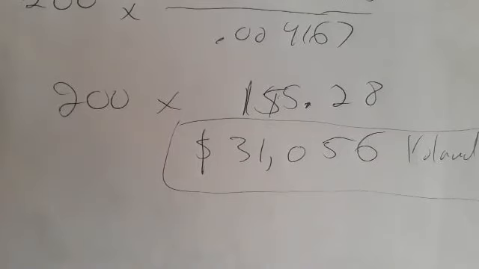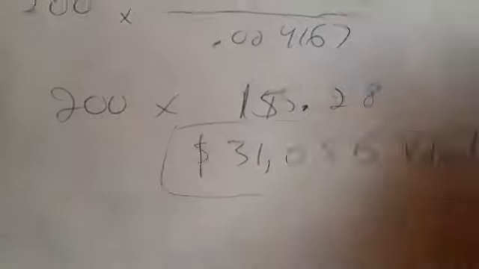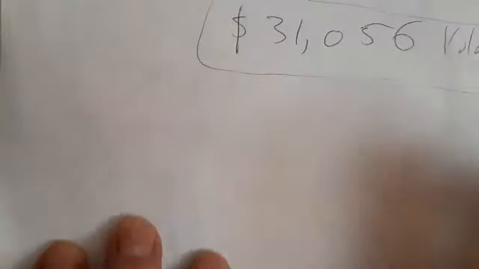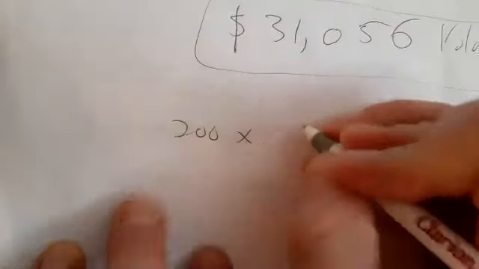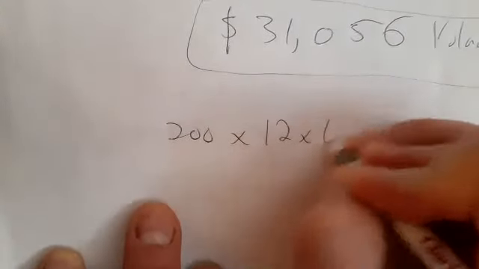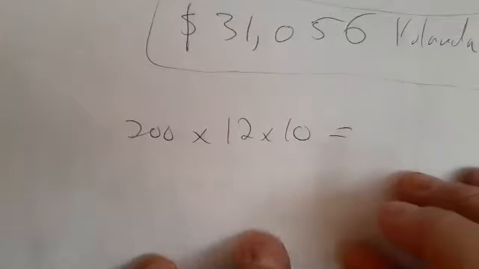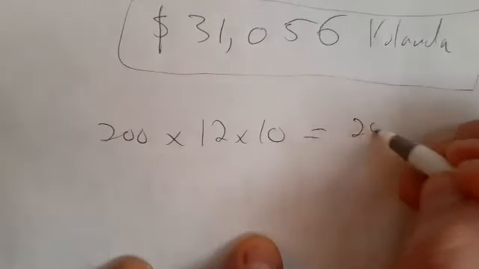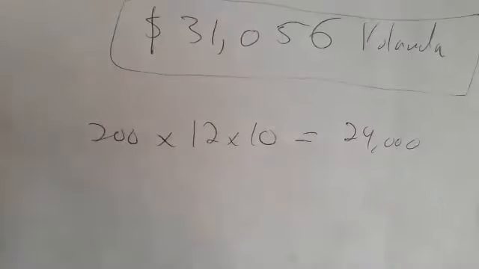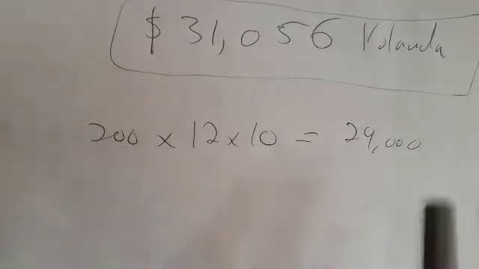It was still 2,400. Yeah. 24,000. Oh, excuse me. Because she's doing 200 by 12 by 10, right? And so she put in 24,000. She's getting 31,000, right?